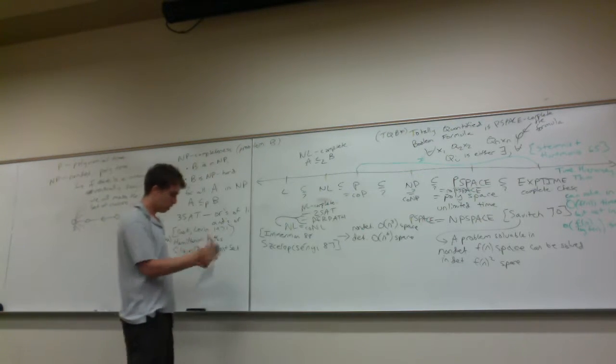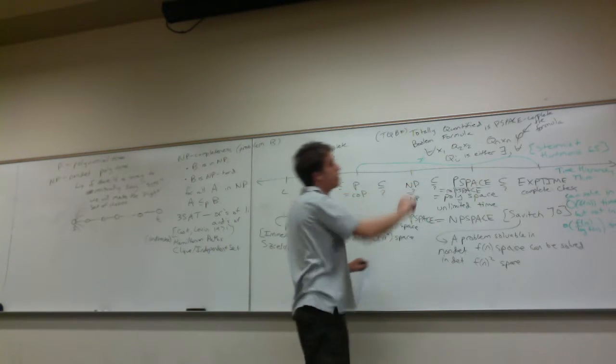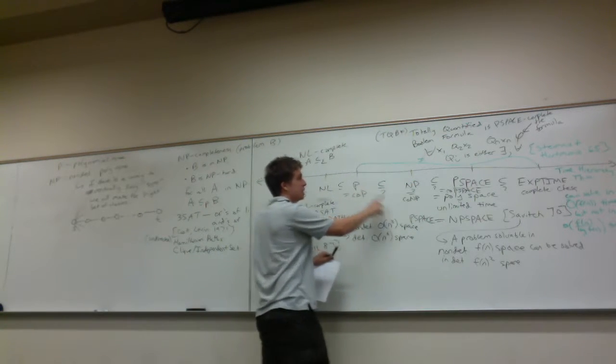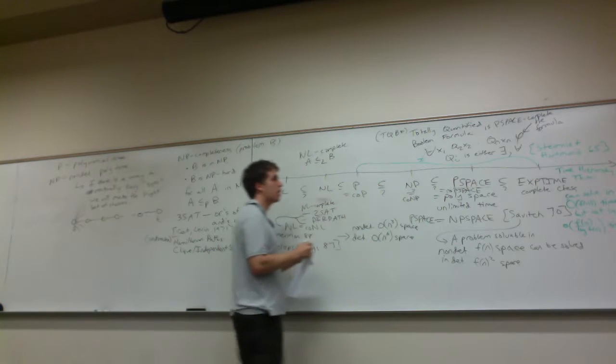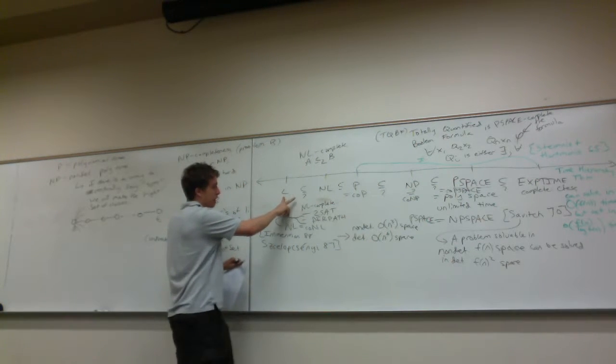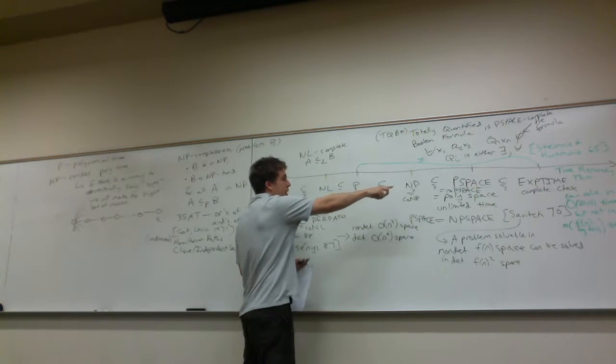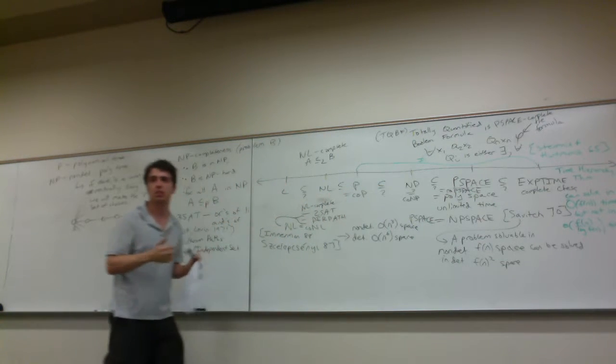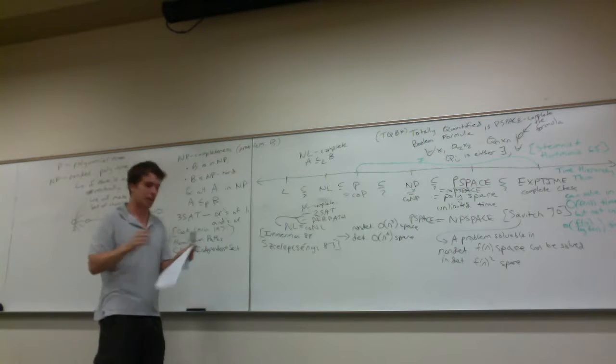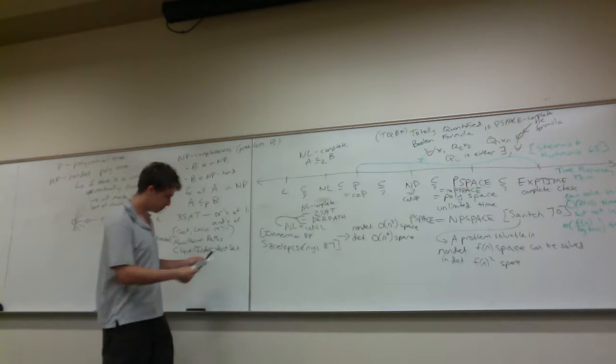So we have this time hierarchy theorem, which says that P is different from EXPTIME. The classes L, NL, not NP, but P space, all of those relate to space. So you may think, maybe there's a space hierarchy theorem, and it turns out there is.